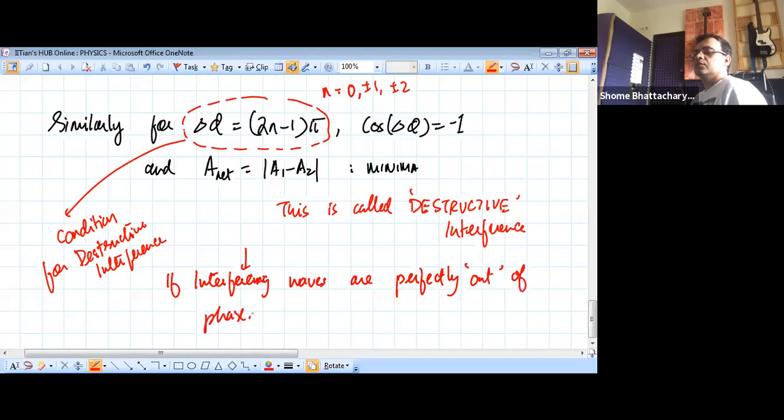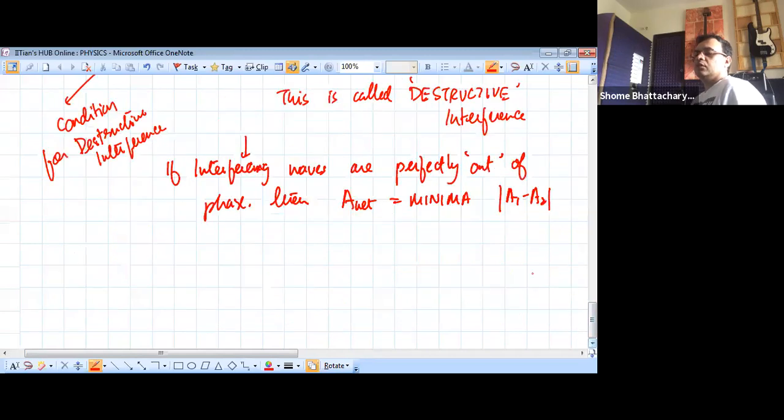That is the meaning. Then the net amplitude becomes the minimum possible value, which is mod of A1 minus A2, and that phenomenon is called destructive interference.